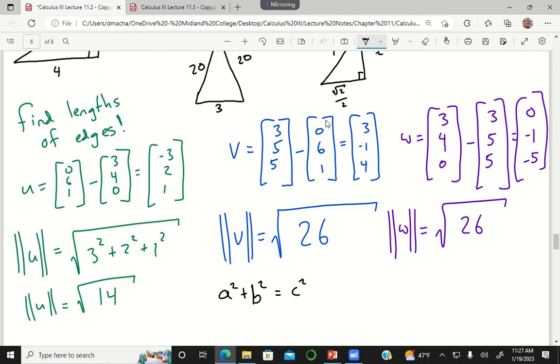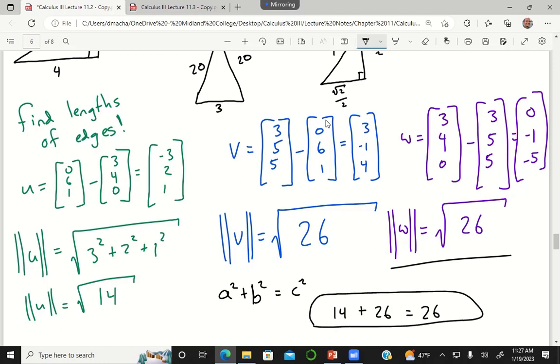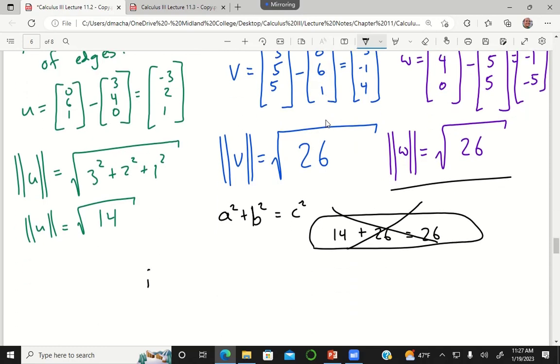So in this case, we'll say that square root of 26 is my longest side, so that means c squared would be 26. That means b squared would be 26, and then a squared would be 14. And this Pythagorean theorem equation is not true, right? And so since this does not meet the Pythagorean theorem, this is clearly isosceles, but not a right triangle.